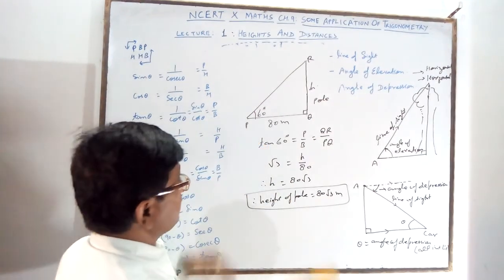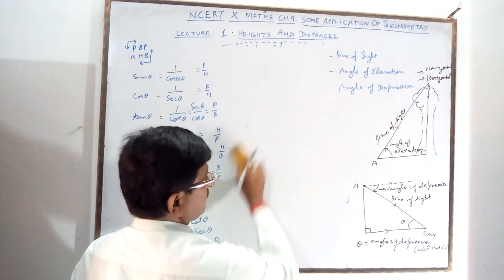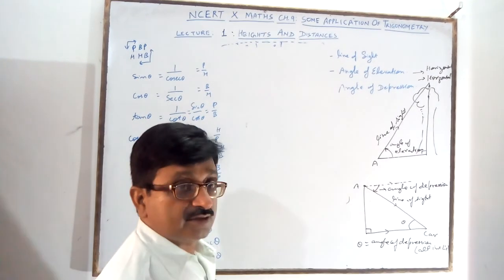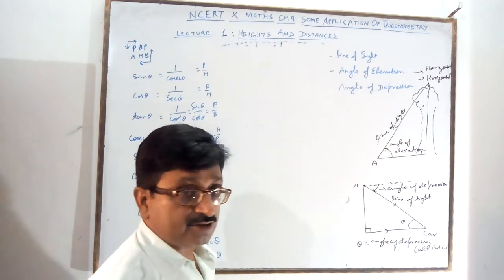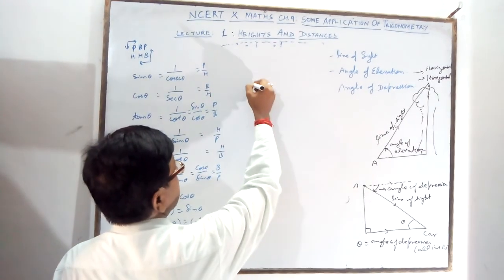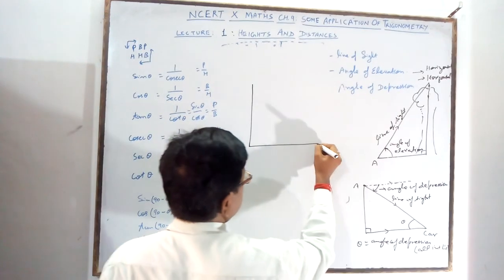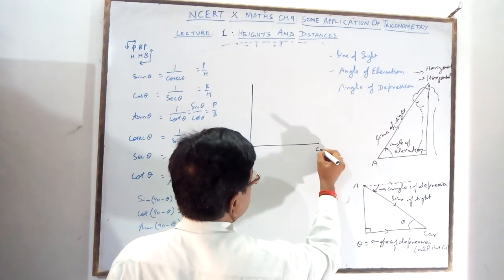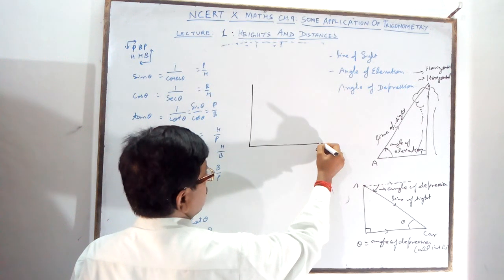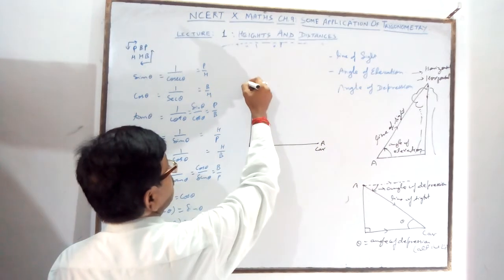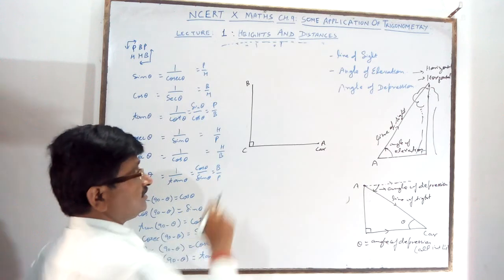Another question, second example you see, is given in the form of depression. From the top of a building, the angle of depression of a car standing on the road. A car is here. Suppose it is point A, and you are at B. BC is a building.